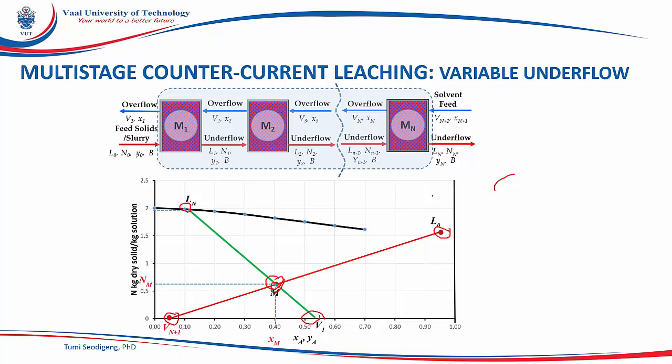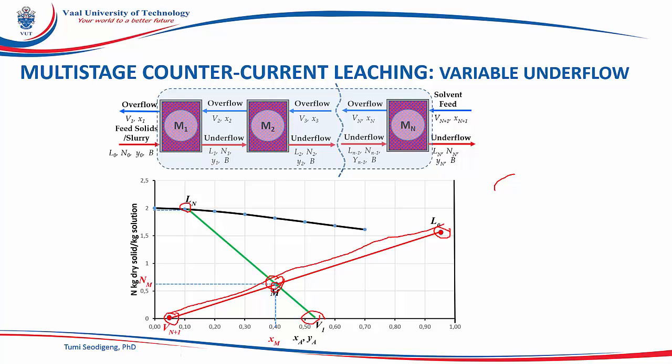The straight line L0 M Vn+1, the red straight line, can be drawn on the operating diagram connecting points L0, M and Vn+1 as shown in the figure, as I've just demonstrated.